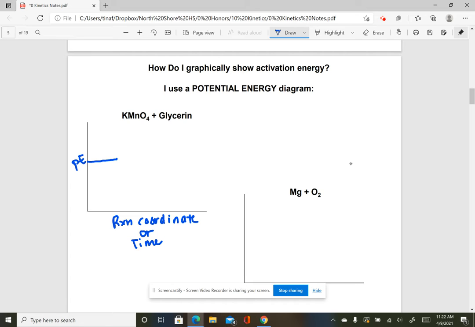So we show activation energy by making a little increase, followed by a decrease, followed by that. Okay, my hand is a little shaky, guys, but those lines should be straight. So that's a low activation energy compared to a high activation energy. What we want to do is just make this hump higher.